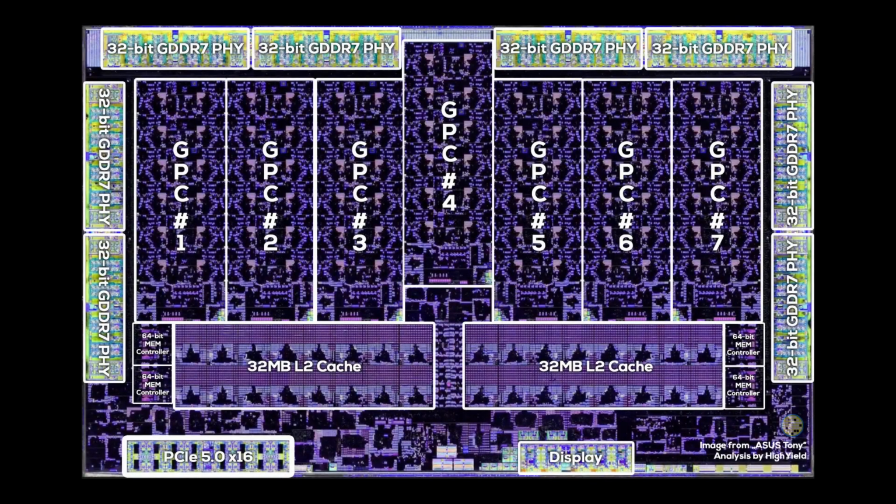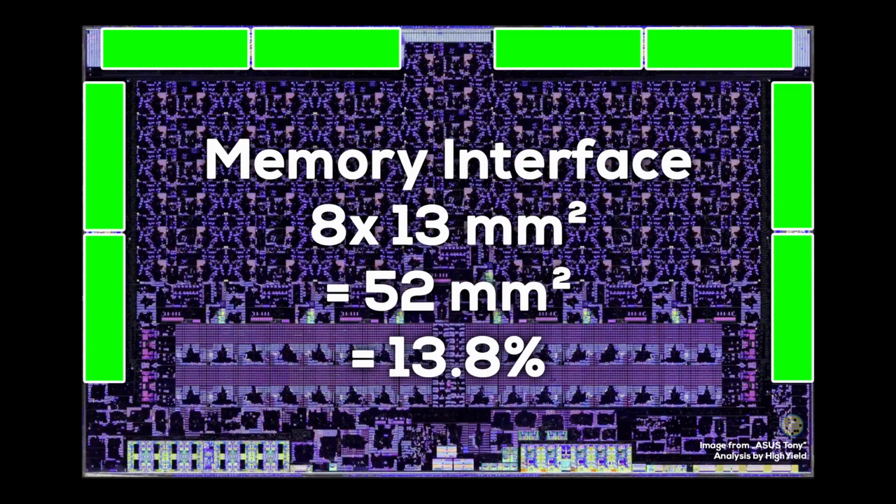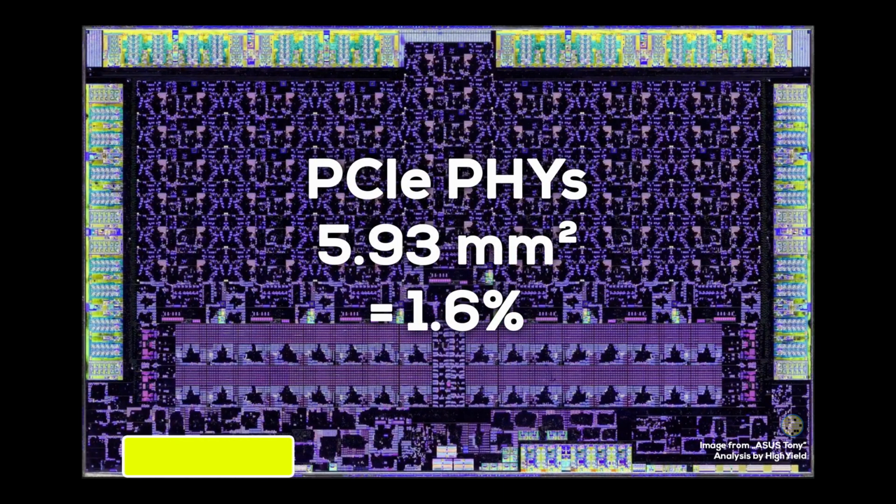Nvidia uses GDDR7 memory. GB203 has 8 32-bit PHYs, each about 13 square millimeters in size, for a total of 52 square millimeters or 13.8% of the chip. That's only slightly larger than the memory interface on Navi 48. It's impossible to say if Navi 48 also supports GDDR7. I think it's unlikely, but there isn't much size difference between the memory PHYs. The same is true for the PCI Express 5.0 implementation.